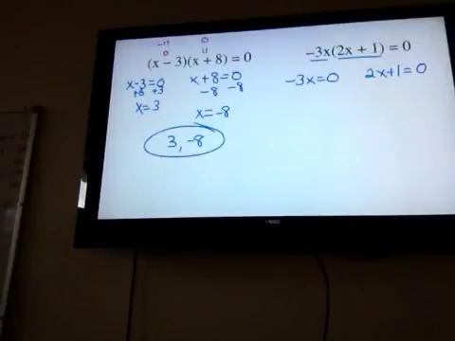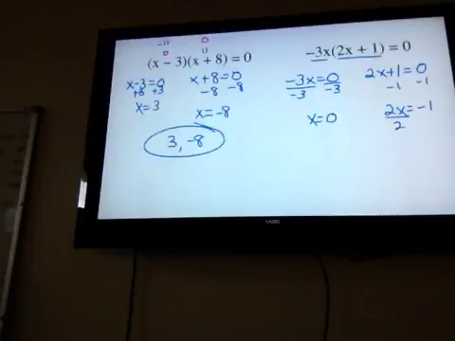And then I solve each of those like we did way back in chapter 2, so long ago. Divide by negative 3 to get this x by itself. And I get 0. So 0 can be an answer. And on the other one, I subtract the 1 and divide by 2. And I get negative 1/2.